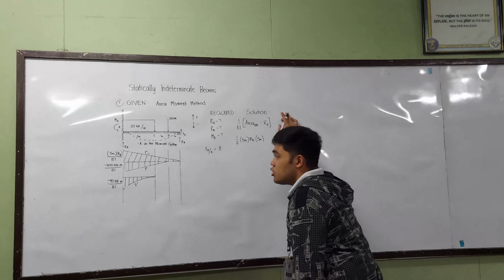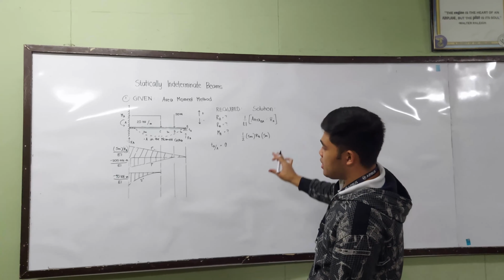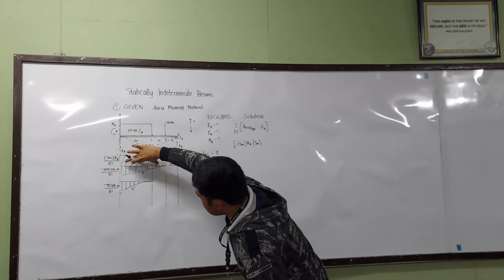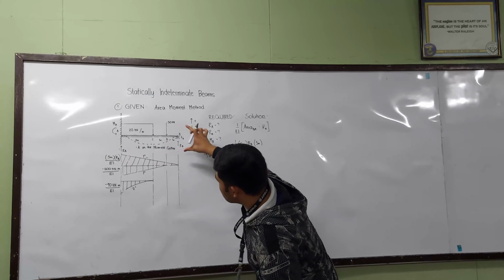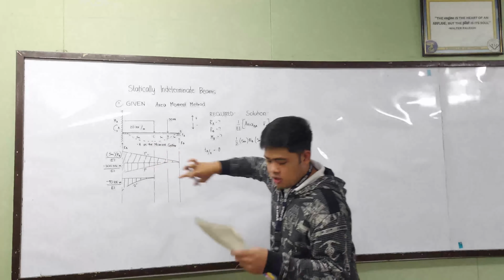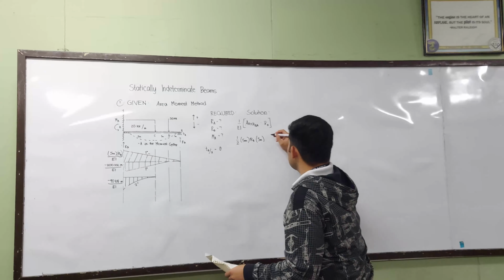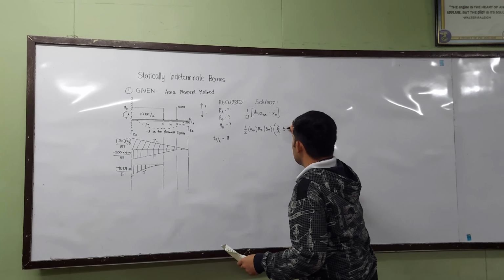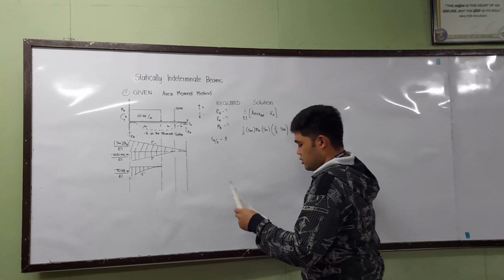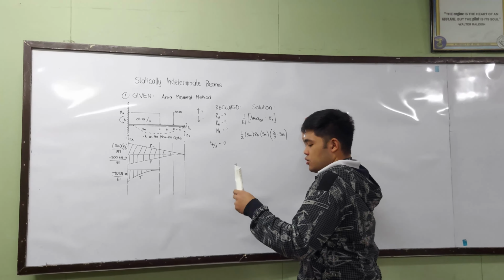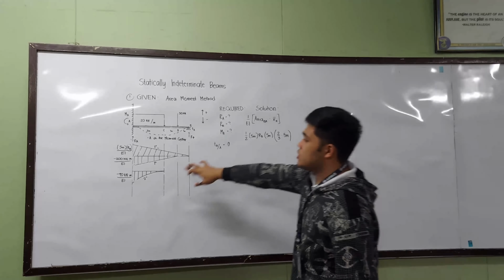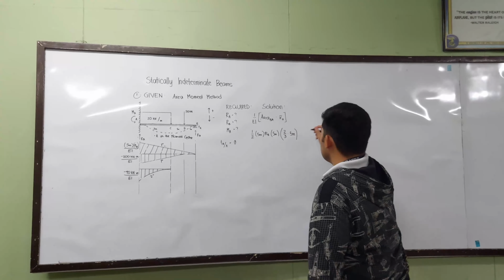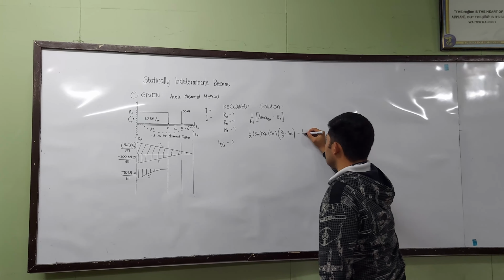Okay, so we move on now to the centroid. So it will be 2/3 with respect to B. Since the centroid of this shape with respect to B is this. So it's 2/3 times base 5 meters. Okay? So minus, since this is negative, so it's minus 1/2 again.